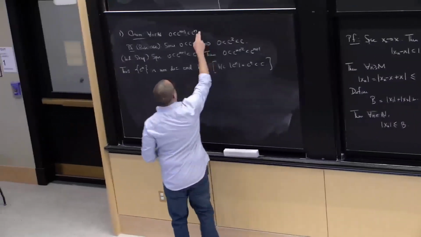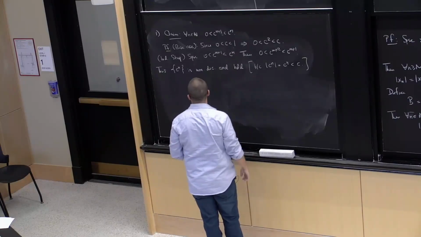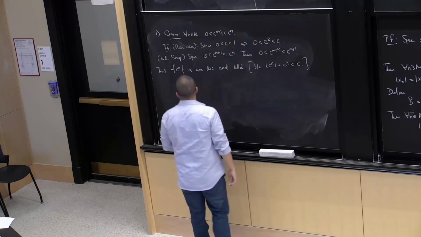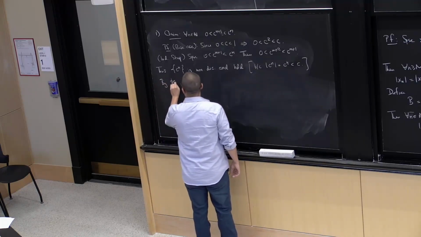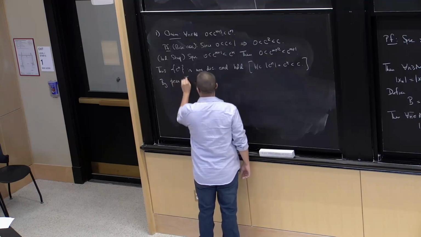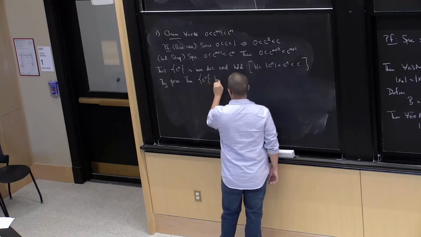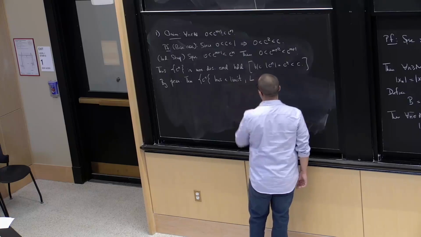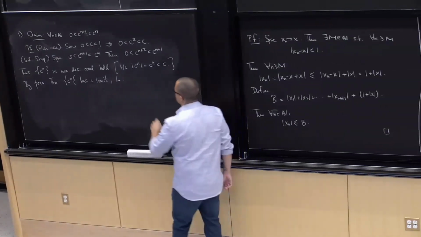I guess I could have built that into this inequality and proved that as well, but that's okay. So it has a limit. So by the previous theorem, it has a limit, and I'll call it L. And now what I want to show is that L is 0.